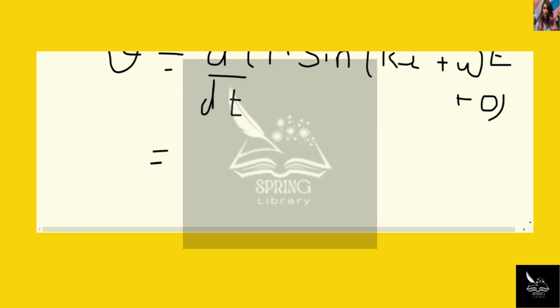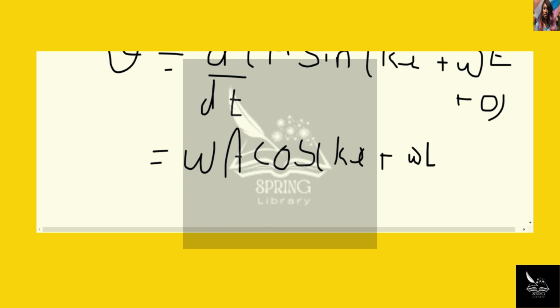So the differentiation will be equivalent to omega A cos(kx plus omega t plus phi).